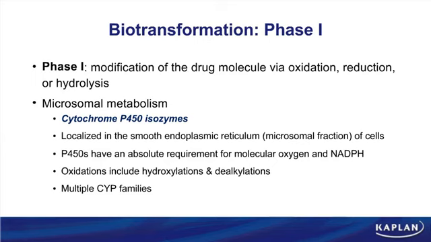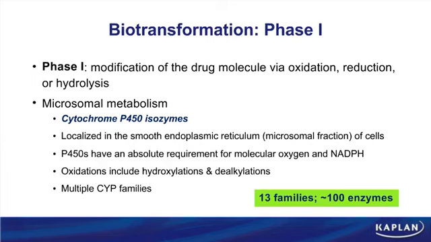There's about 13 families of P450 enzymes with about 100 enzymes total. And P450 enzymes are going to perform a series of oxidation reactions. In fact, the three types of phase 1 reactions are oxidation, reduction, and hydrolysis. P450 enzymes, most of their reactions are oxidations.